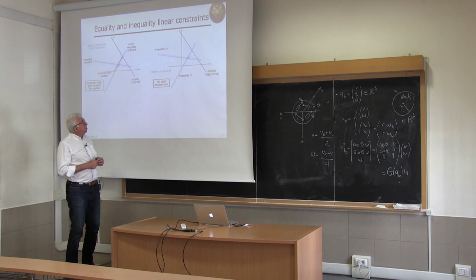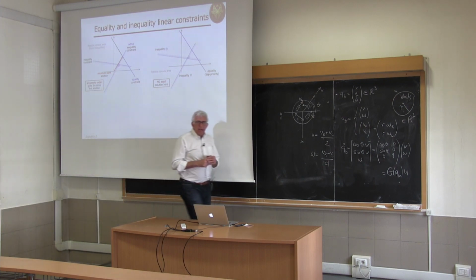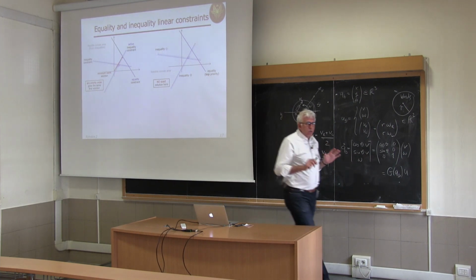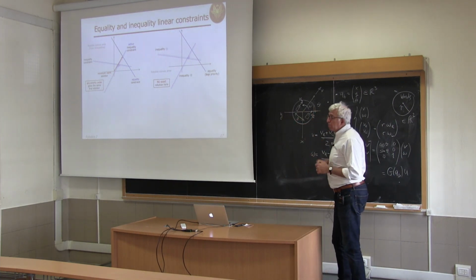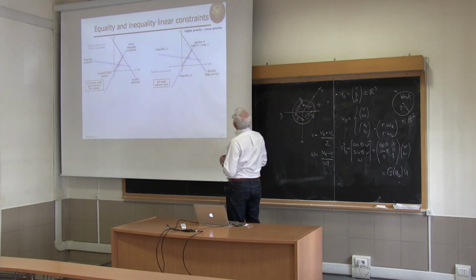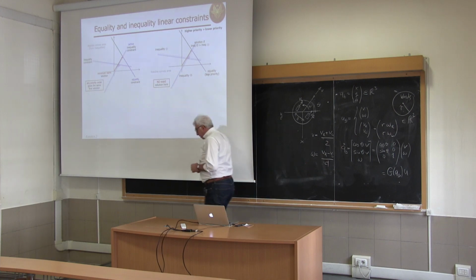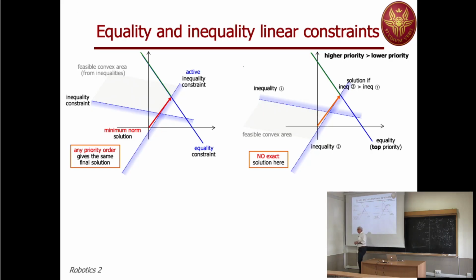So suppose that we consider the equality constraint as top in the stack of tasks. So the first thing that we have to do is to live on that blue line. And then we will use this notation, this type of ordering symbols says that the task on the left has higher priority than the task on the right.